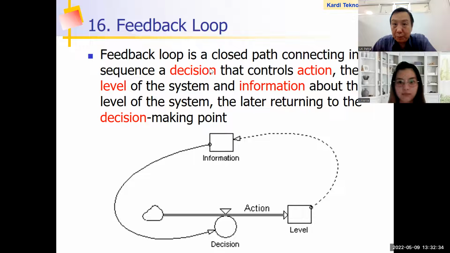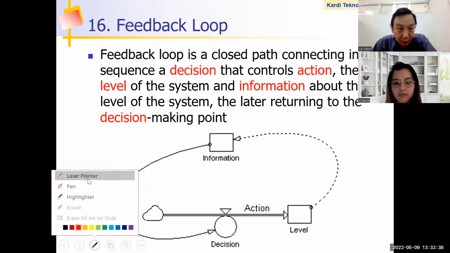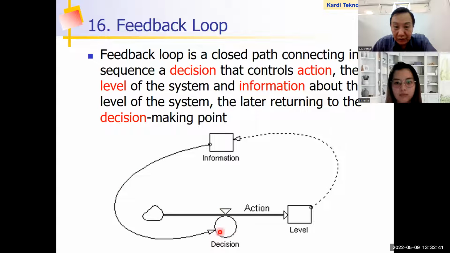Feedback loop is a closed path connecting a sequence of decisions. Suppose you have a decision here. Decision is basically a rate. That kind of decision will control the action. If you create a decision, then it will create action, right?